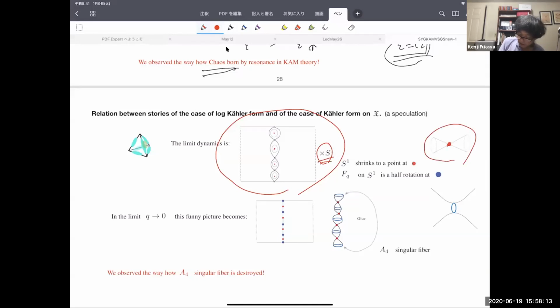You have this one point, and if you look at this blue point, then you have this kind of picture. You have this S1, which is the rotations, and this direction is something like you go through. So that is how this dynamics looks. So you know this limit picture using Fibonacci forms.